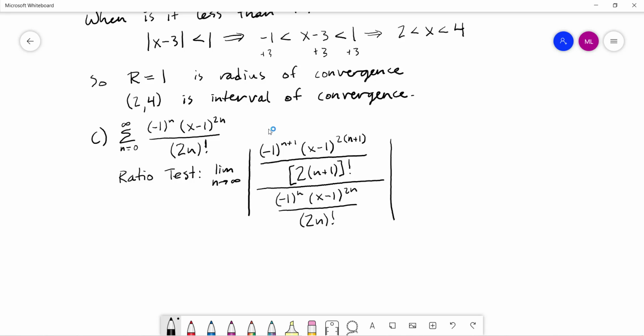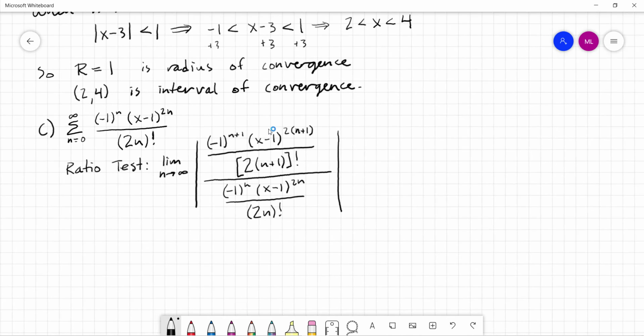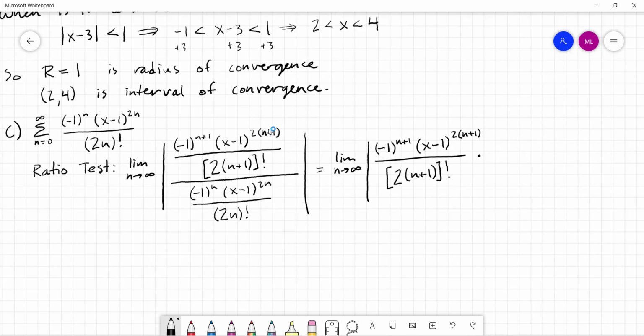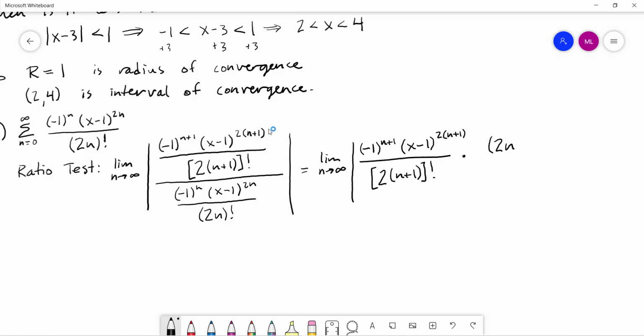So here's our big ugly mess. Do the same thing that we did before. Instead of writing a fraction divided by a fraction, let's multiply by the reciprocal to get (-1)^(n+1), (x minus 1)^(2(n+1)) over (2n plus 2) factorial, times the reciprocal, which gives a (2n) factorial on top, and on the bottom (-1)^n, (x minus 1)^(2n).